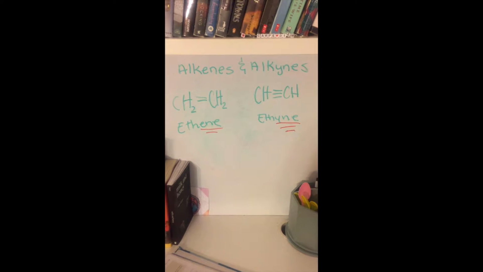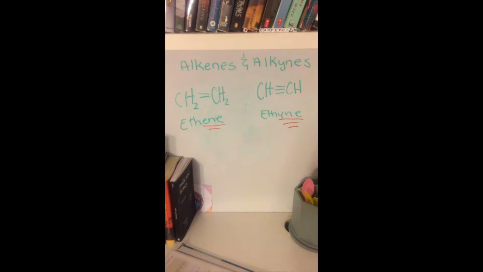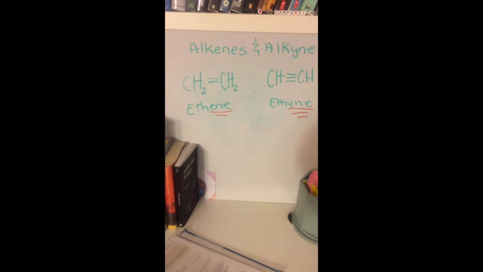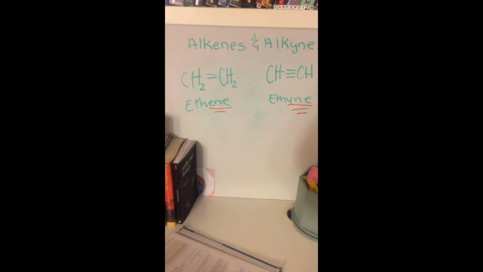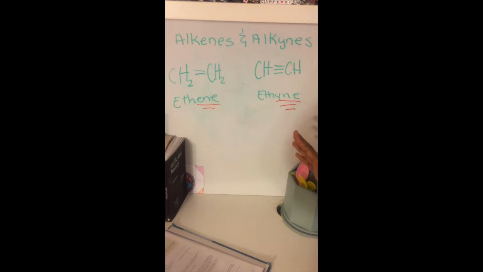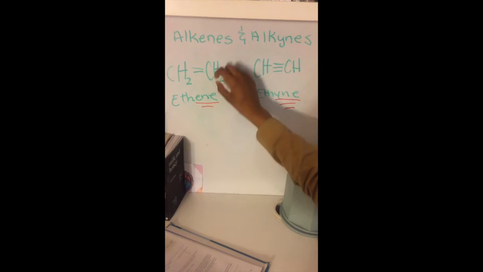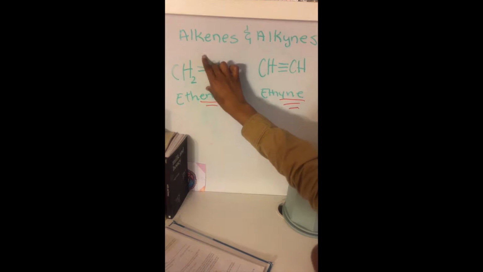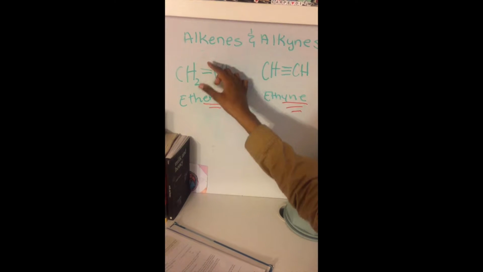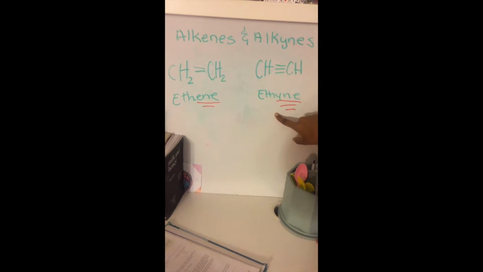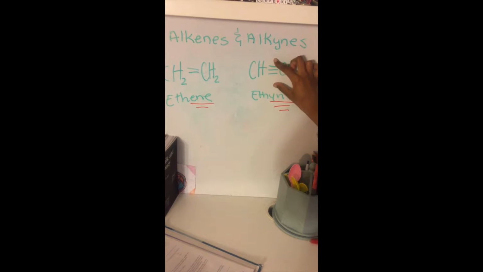Then we move on to 2 other types of hydrocarbons. And these are not really hard to understand. All you have to understand is that alkenes have 2 bonds, whereas alkynes has a triple bond. So if you have ethene here, you have 2 bonds right here, and that signifies that it's an alkene, whereas for this you have ethyne, and this has 3 bonds.